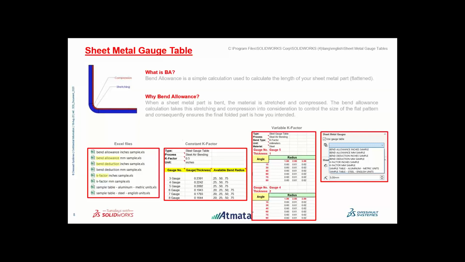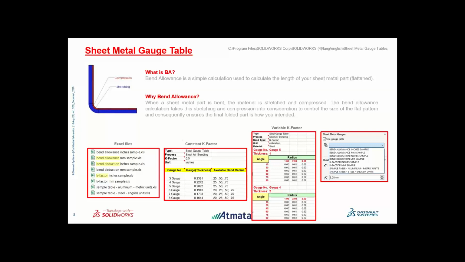Based on the hardness of the sheet, the chemical composition, and the physical properties of the sheet, the neutral axis usually changes. It's also based on thickness. So based on the hardness, there is a shift in the neutral axis, and the bend allowance is a calculation, or a constant, which is considered when you do the flat pattern. So when I do a flat pattern, I can take this constant into consideration.